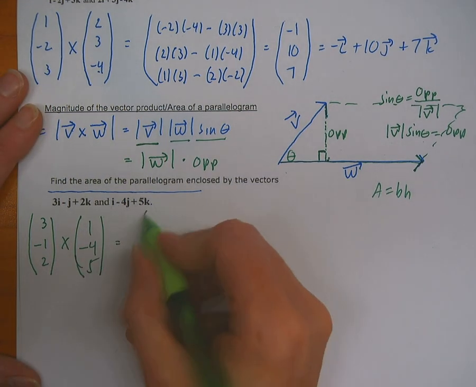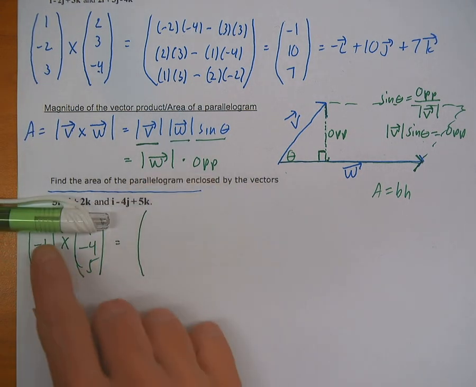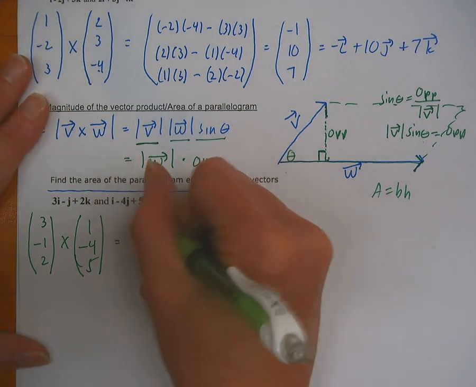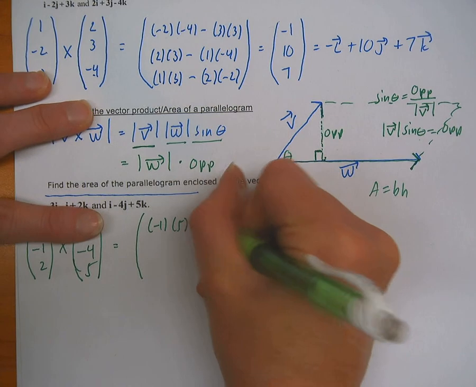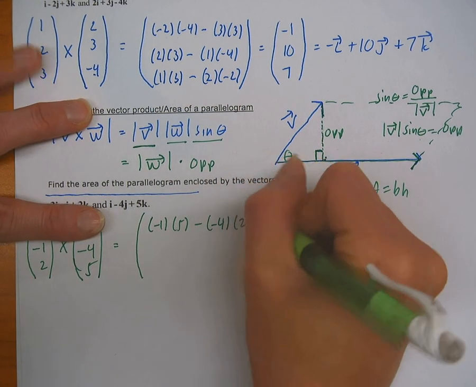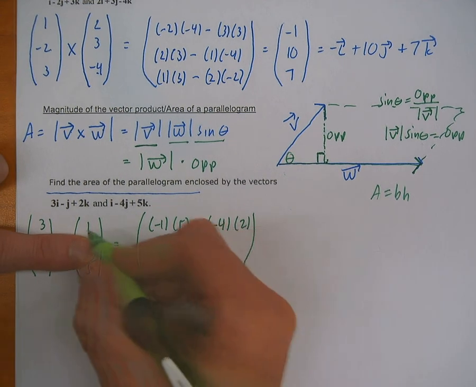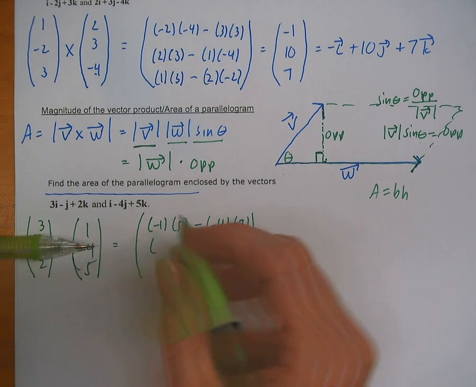So let's find the cross product of these two. I'm going to cover these up. I'll do -1 times 5 minus negative 4 times 2. Then for the y component, I start on the top right instead. So I'll do 1 times 2 minus 3 times 5.